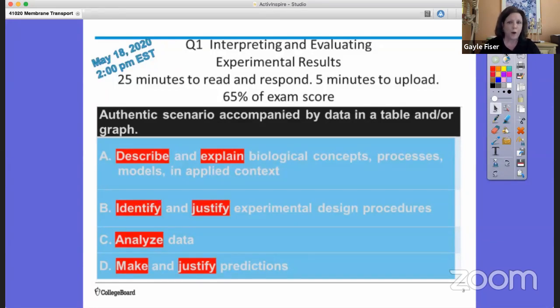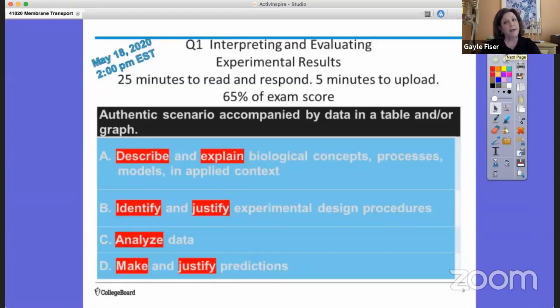There are 4 parts, and those parts may have a task verb or 2 in each. A, describe and explain biological concepts, processes, and models in applied context. B, identify and justify experimental design procedures. C, analyze data, and D, make and justify predictions. Remember, in describe, you're just going to list the characteristics of whatever they're asking for.